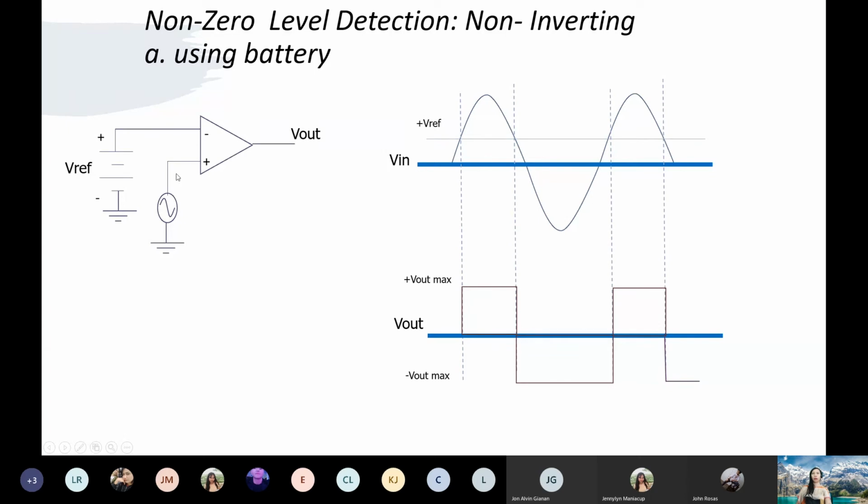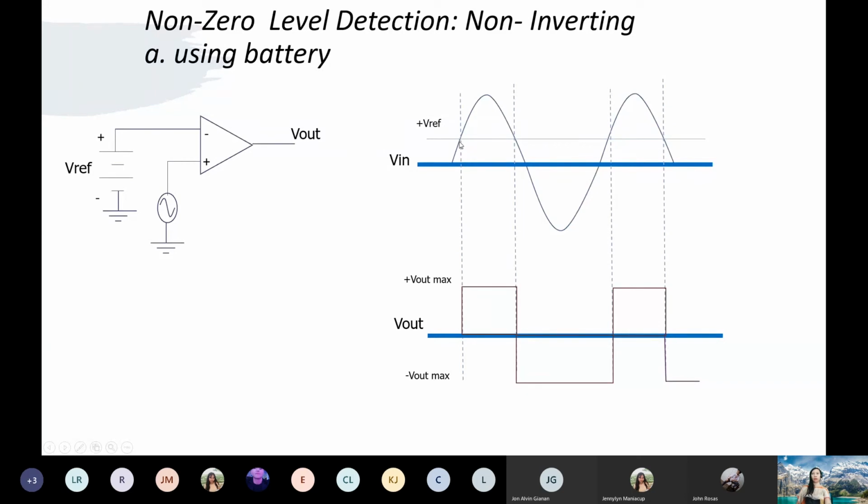Since V in is connected to the positive, this is non-inverting. So whenever you have a positive input, you'll also have positive output. But the change in output voltage waveform happens every time the Vin crosses the Vref.